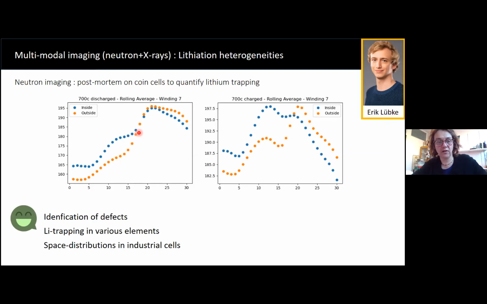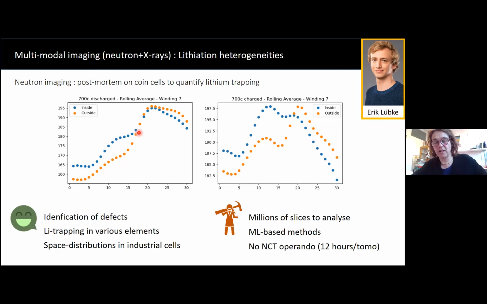You can look at the lithium trapping in the various elements and locate the spatial distributions of lithium in industrial cells. Of course, there are millions of profiles to analyze. So you need machine learning-based methods to get some statistical analysis and get some quantitative output parameters, which is a work that is currently ongoing.